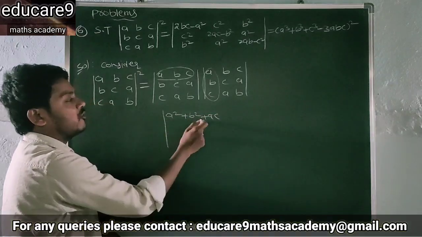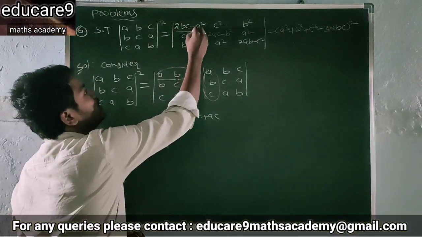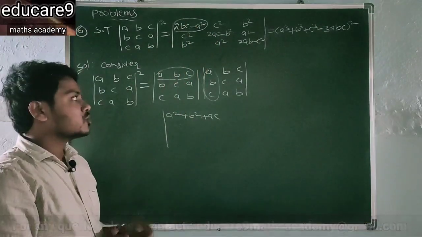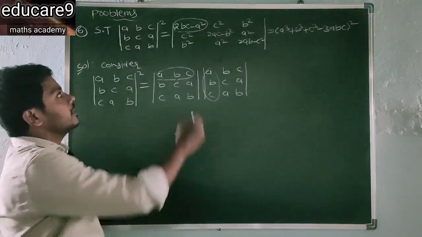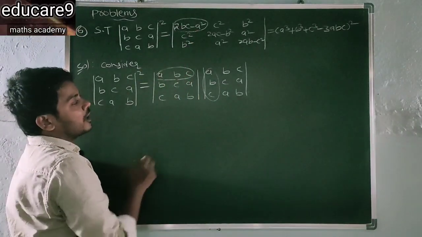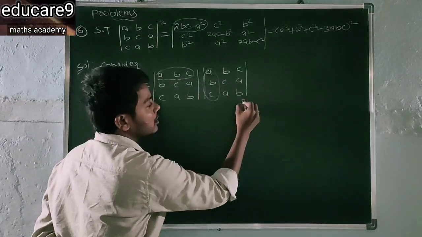This is the first row, first column element. But here 2BC minus A square is there. So don't multiply directly. Here you want 2BC minus A square, so for that interchange R2 and R3.